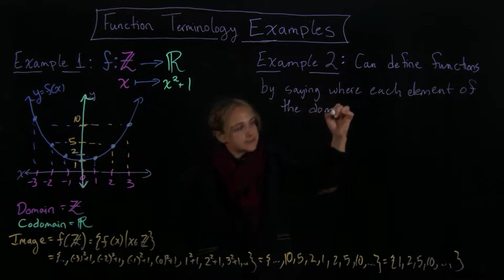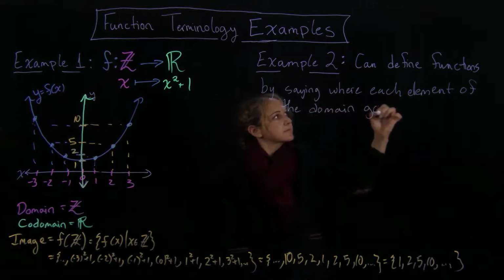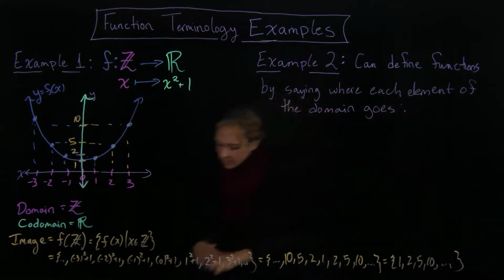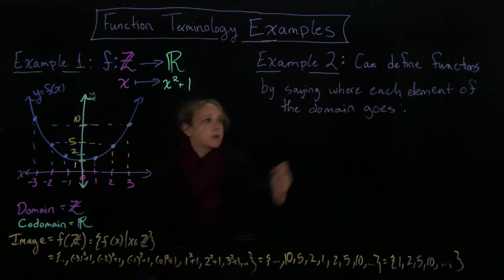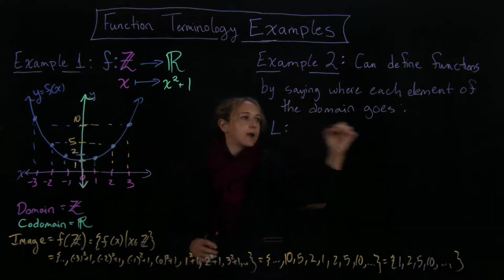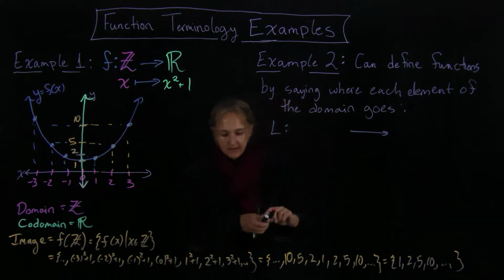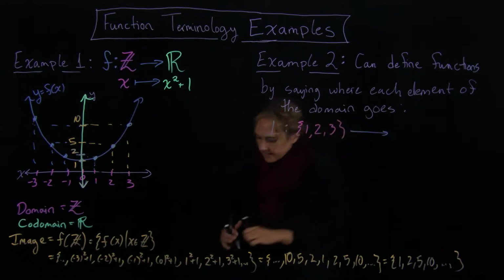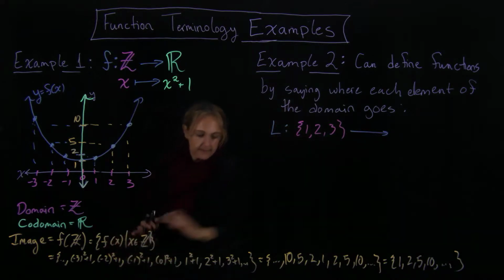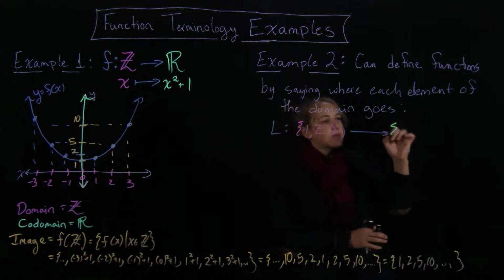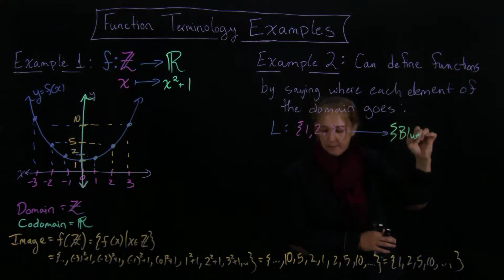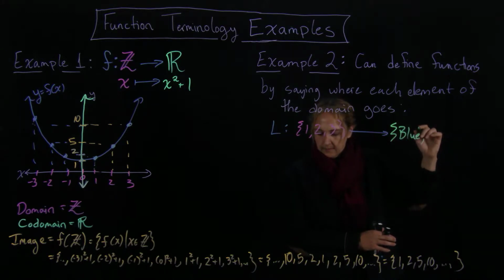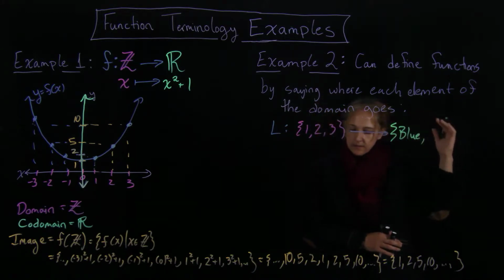Let's look at an example. I could take this function L, which has as its domain 1, 2, 3. And as its codomain, every possible allowable output, I would have blue, red, yellow, and black.